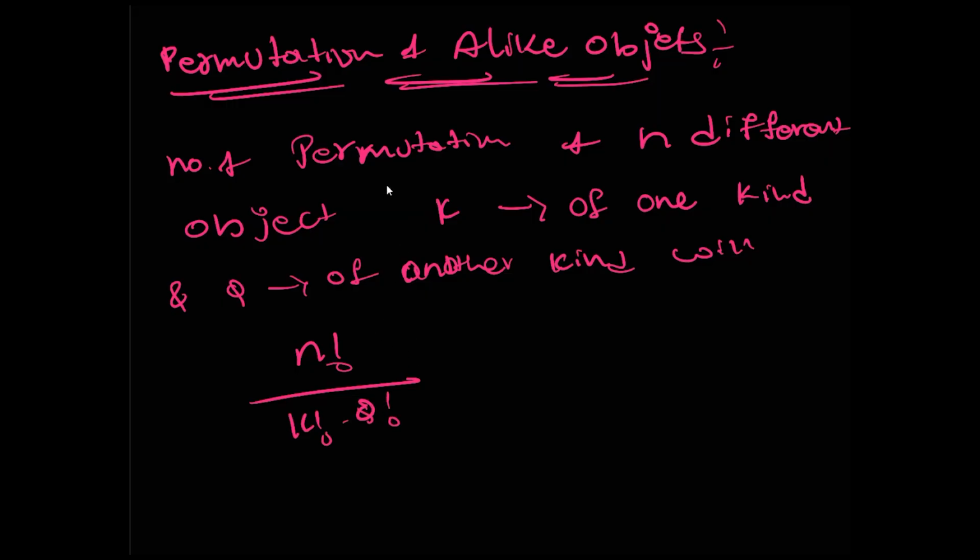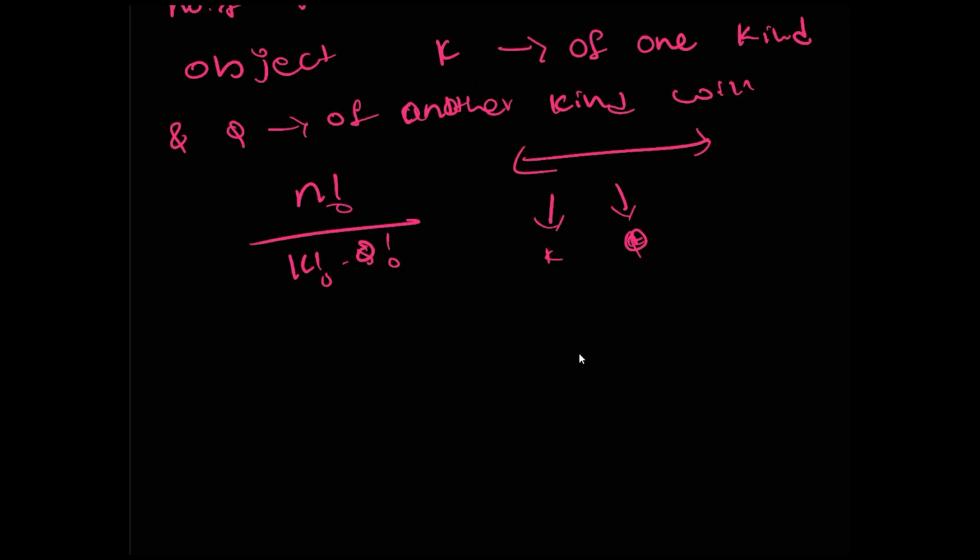Like for example, there are n objects, in that k of them are same and q of them are same but of a different kind. Then the number of ways will be n factorial by k factorial into q factorial.